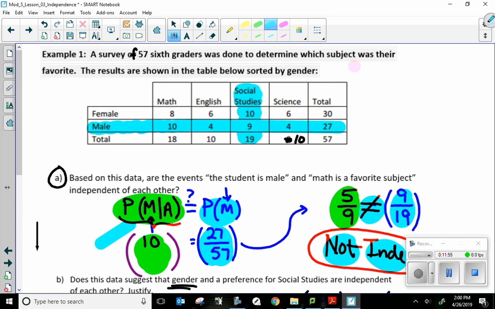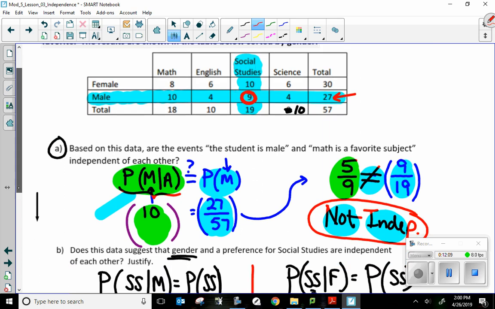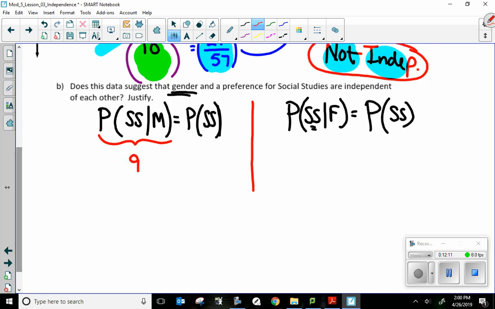Where do they intersect? 9 males out of the 27 I've been given to pick from prefer social studies. So that ratio is 9 to 27, which reduces to 1/3.